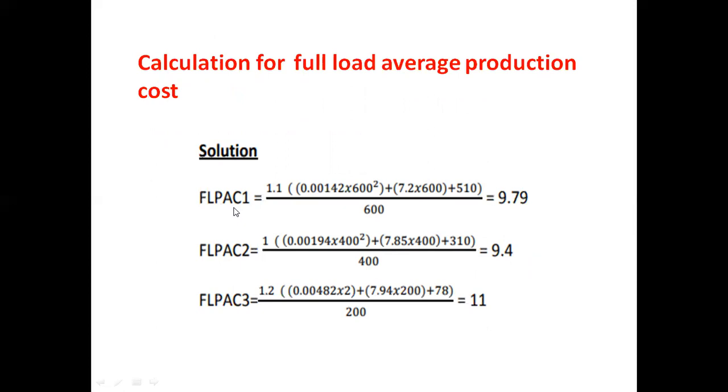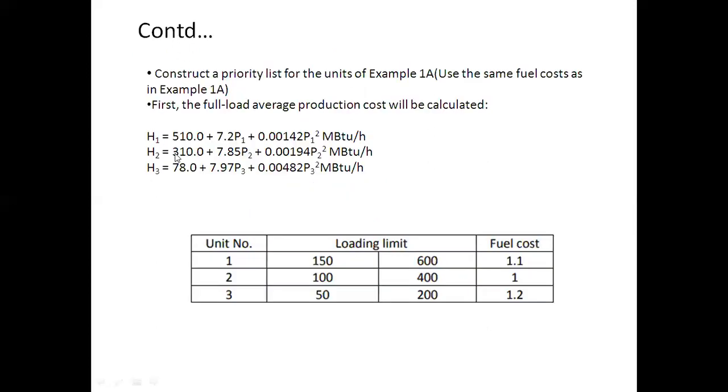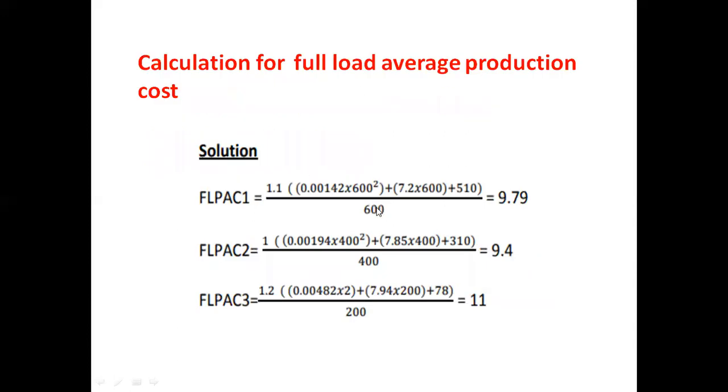It is 510 plus 7.2 into 600 plus 0.00142 into 600 square. The total will be multiplied by 1.1 and divided by 600.